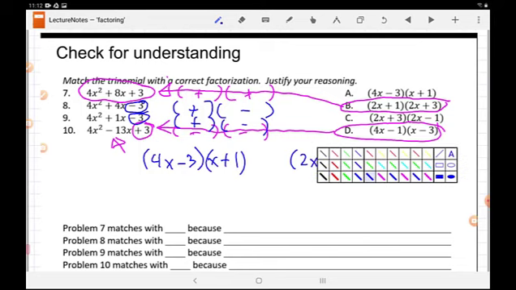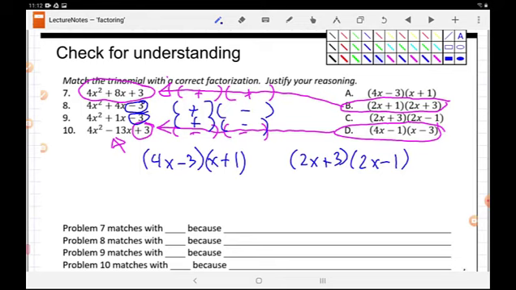2x minus 1. Alright, so let's do a check real quick. So my inner terms will be negative 3x. Sorry, that's messy. And that's 4x. So that should be a 1x. And that tells me that A must be 9.